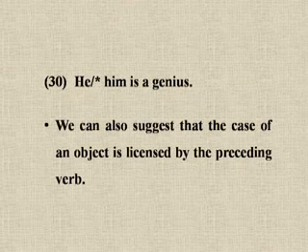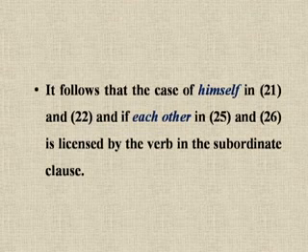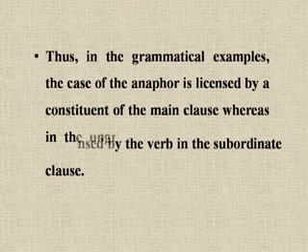We can also suggest that the case of an object is licensed by the preceding verb. It follows that the case of himself in (21) and (22) and of each other in (25) and (26) is licensed by the verb in the subordinate clause.